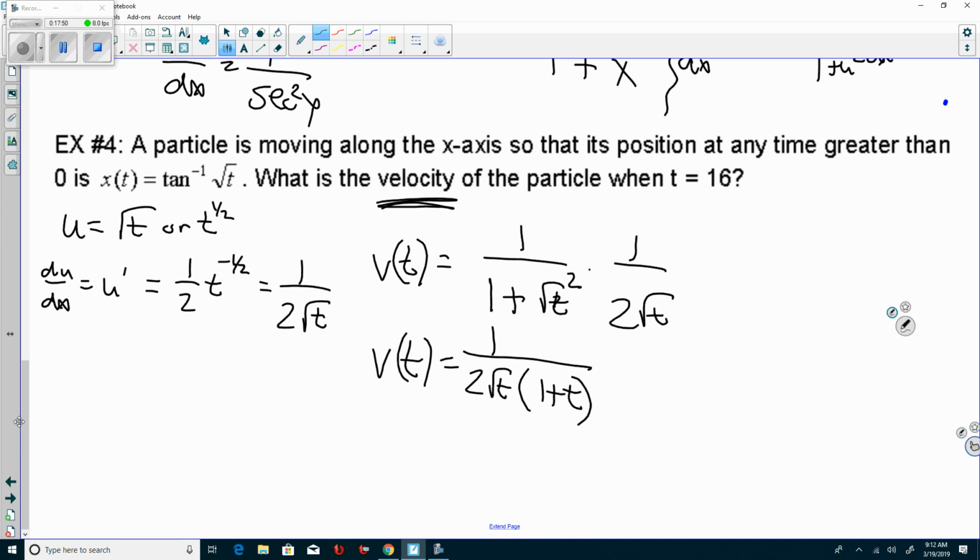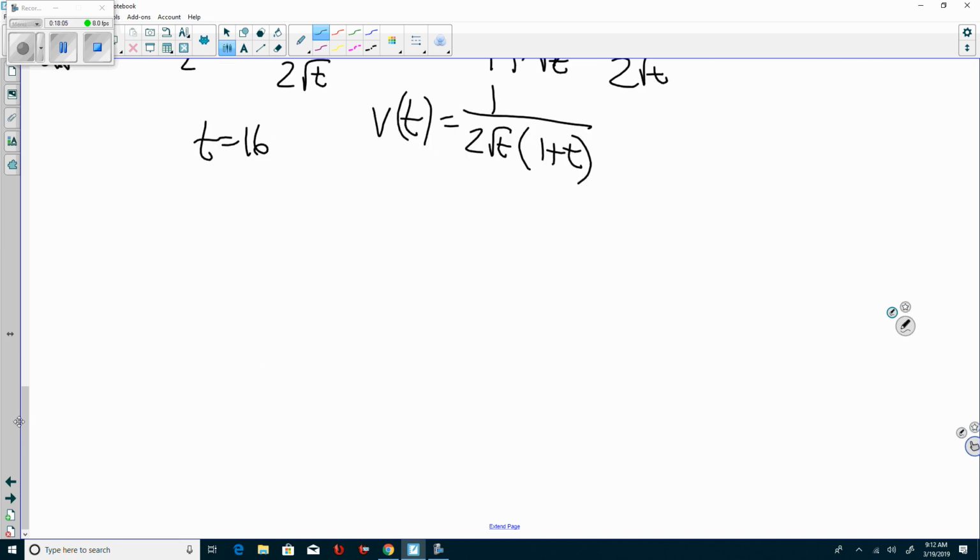Okay? So far, so good? So that's your velocity. What is the velocity of the particle when t equals 16? So t equals 16, plug in 16, so we have velocity of 16 equals 1 over 2 root 16 times 1 plus 16.